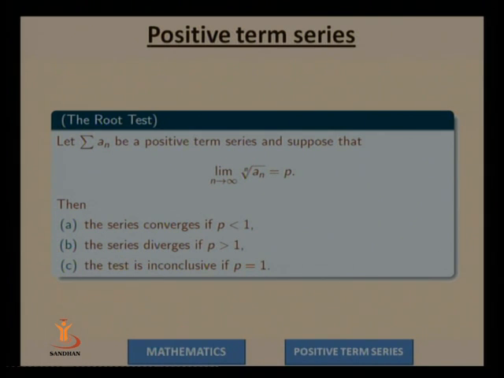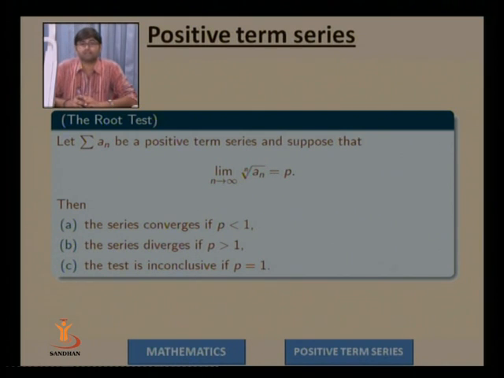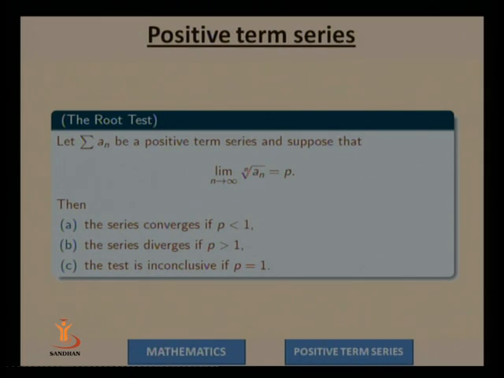If the limit is greater than 1, the series will diverge, and for the limit equal to 1, the series is inconclusive, meaning again we cannot say by the root test whether the series converges or diverges. So here we have the same result as in the ratio test. The conclusion is the same for both tests, but the limit is different. In the ratio test we have the limit of a_(n+1) upon a_n, and here we have the limit of the nth root of a_n.